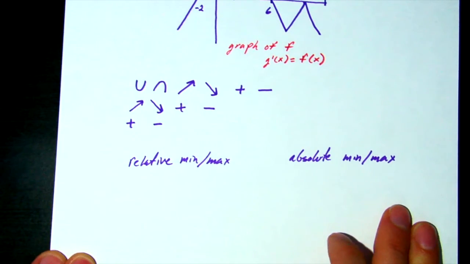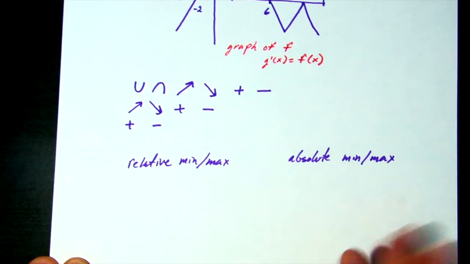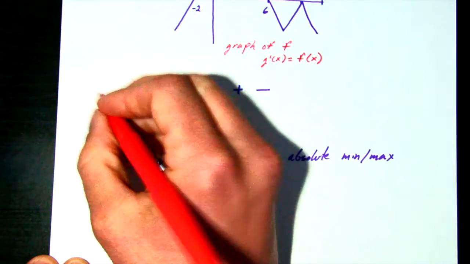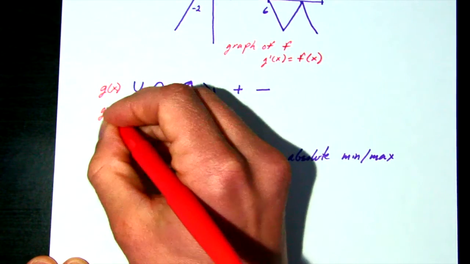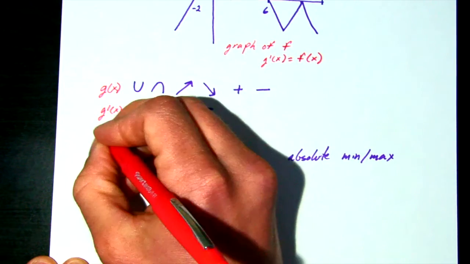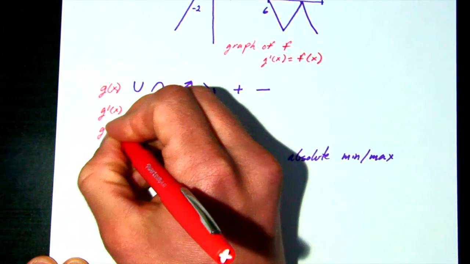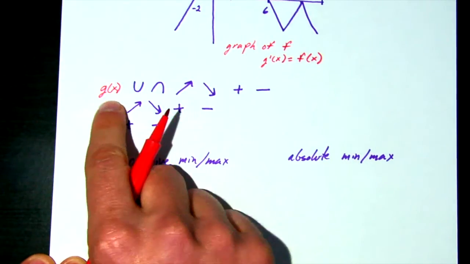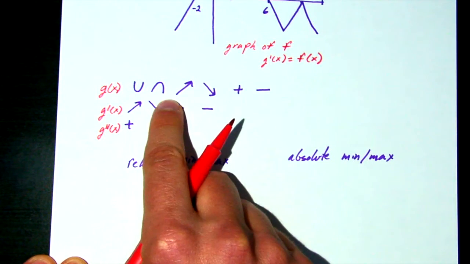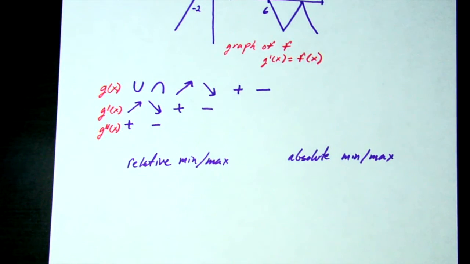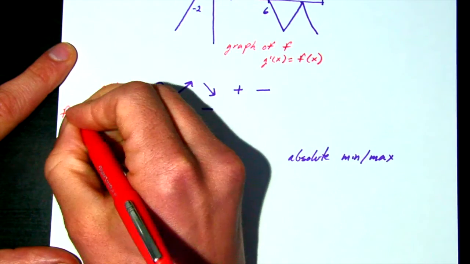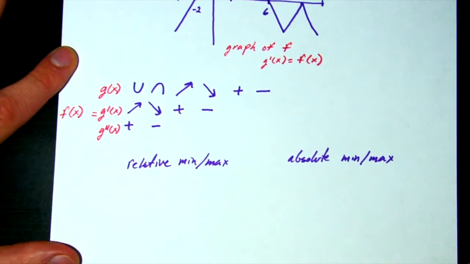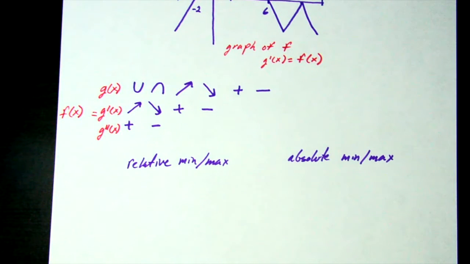So really in this chart, it's not a fun chart. We're doing g of x, g prime of x, and then g double prime of x. I just realized that makes this a gun chart. Yikes. And again, g prime is equal to f of x. That's very important.